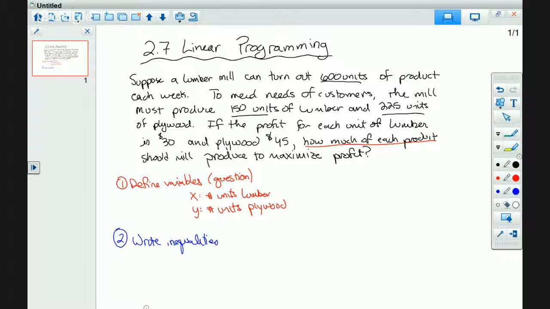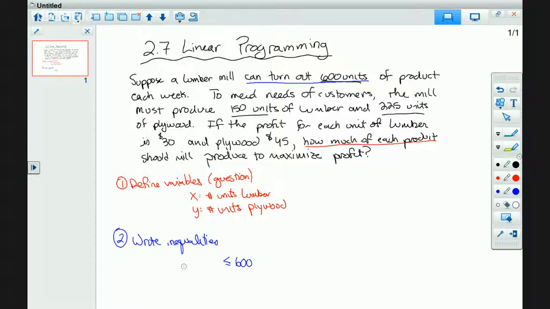What are some things that we see that we can use mathematically? How could I write that as an inequality? We can turn out up to 600 units. 600 is the maximum.